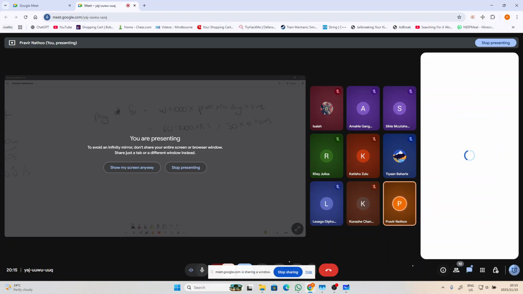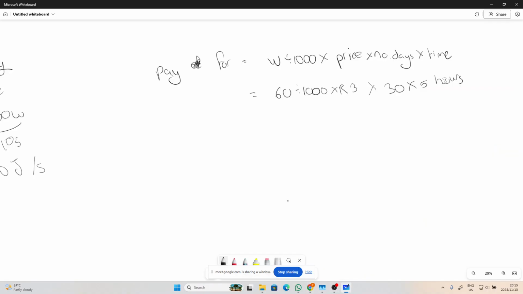He has to tell us the price per unit. If not, you say 3 rand. Generally, you will be given an updated figure. So obviously using simple math, 0.06. All you have to do from here is put it in your calculator. So it's 60 divided by 1,000, so 0.06 times 3 times 30 times 5.